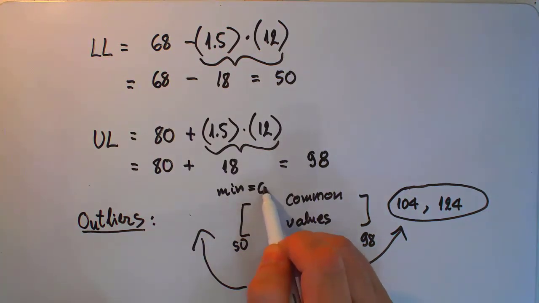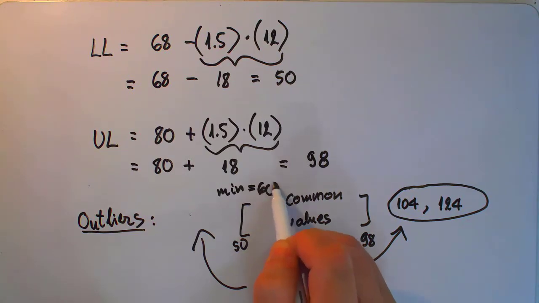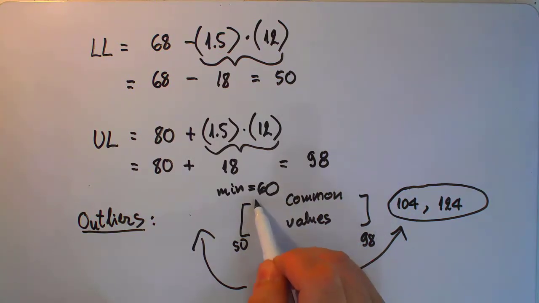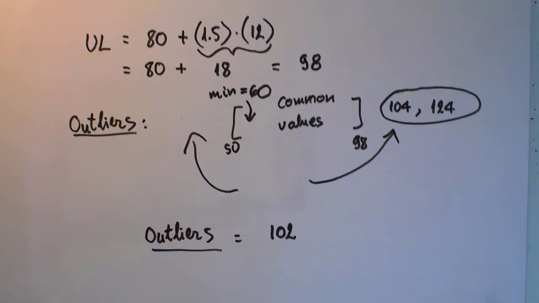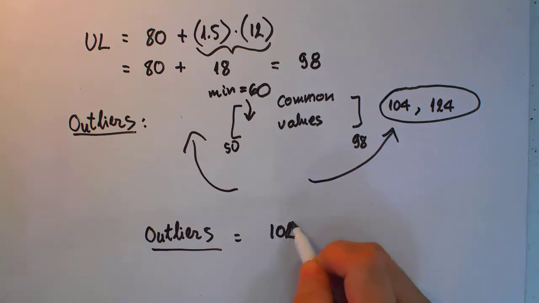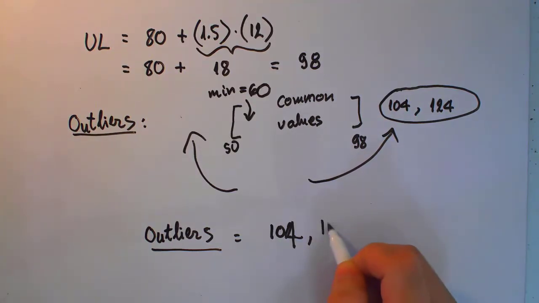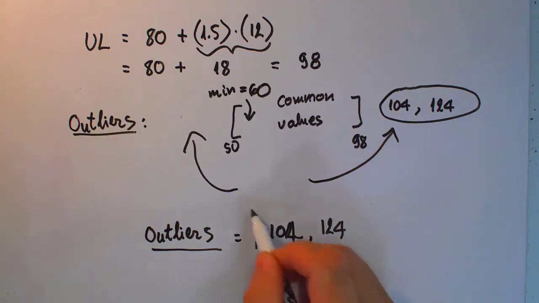The minimum value of our data 1, to remind everybody, is 60, and it's completely contained inside of your limit. And so now, concluding our final answer, the outliers of data 1 are those two numbers, 104 and 124.